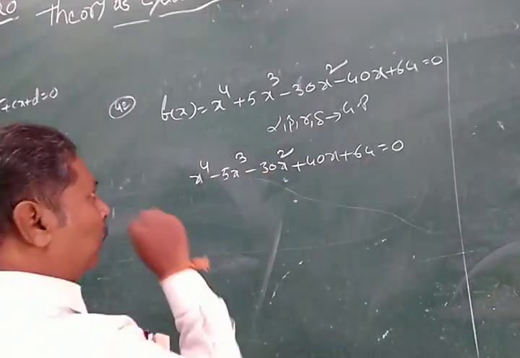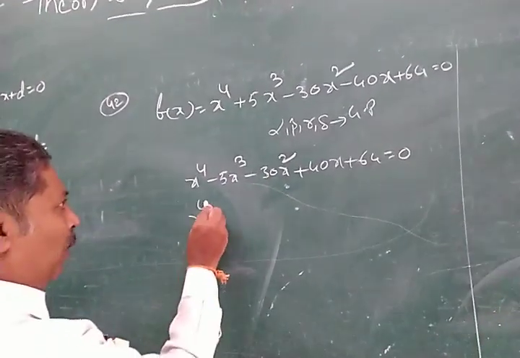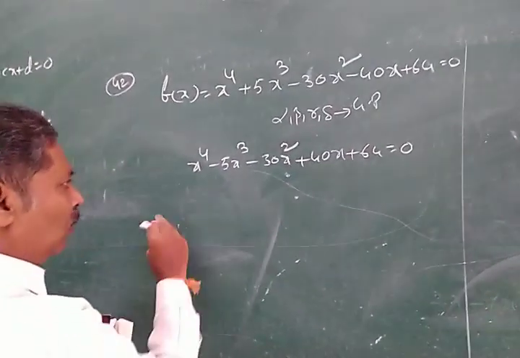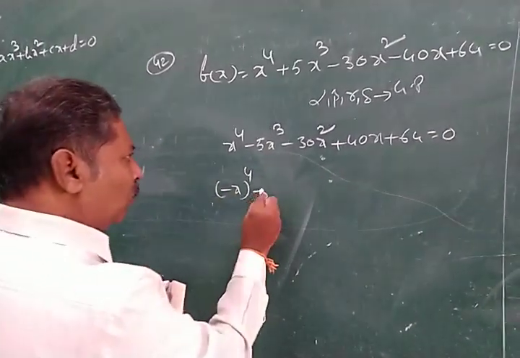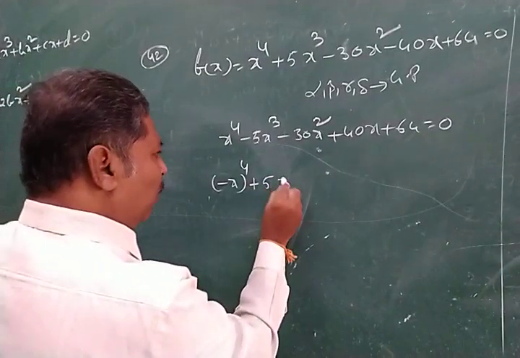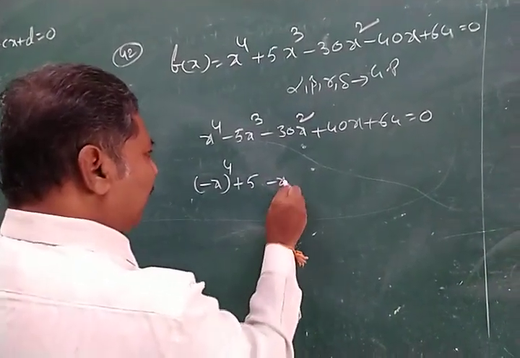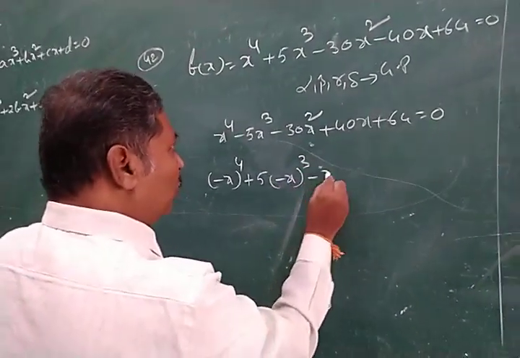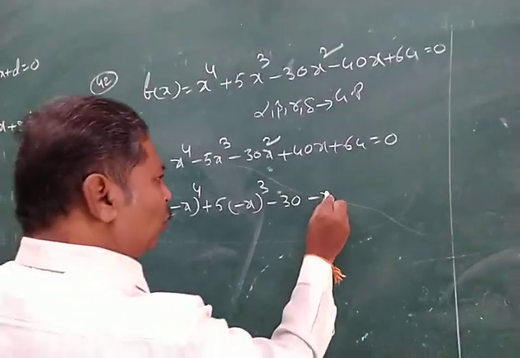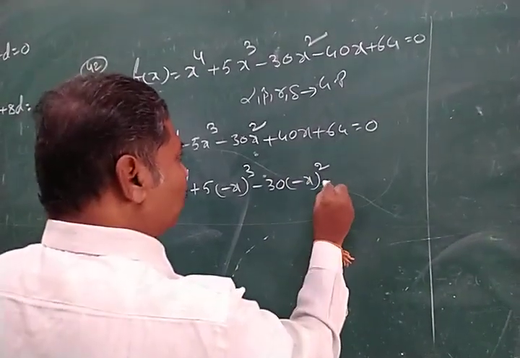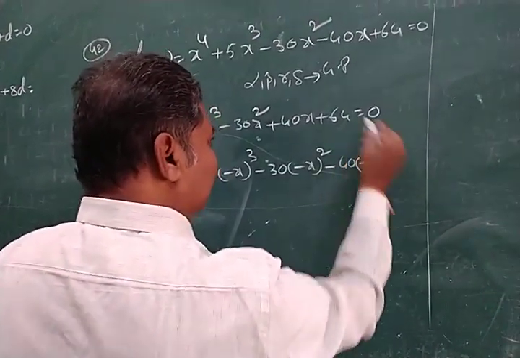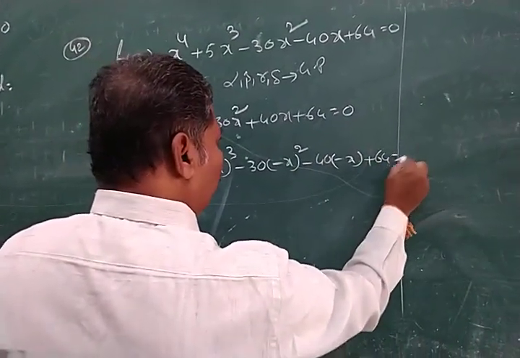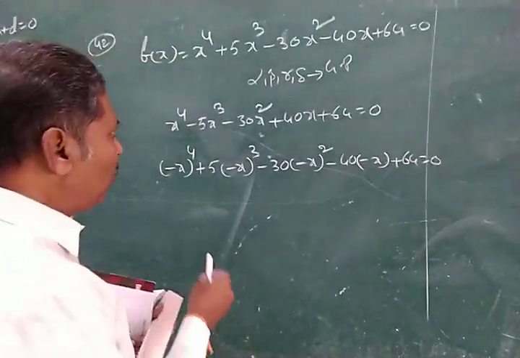Observe this one, x power 4, this becomes minus x whole power 4 plus 5 into minus x whole cube minus 30 into minus x whole square minus 40 into minus x plus 64 equal 0.